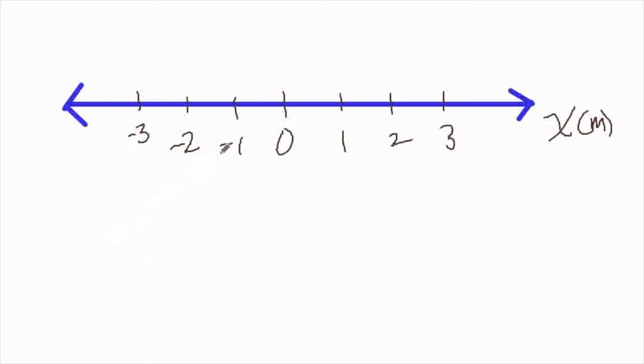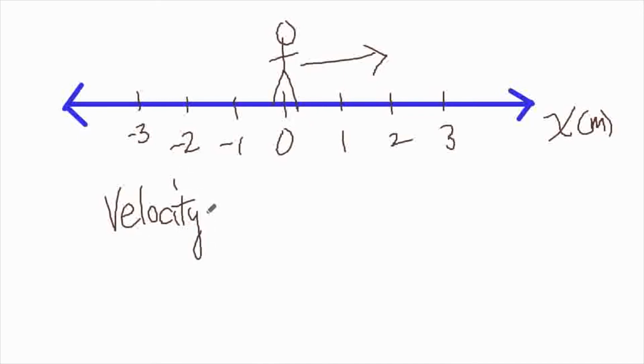So let's first have somebody that starts at the origin, starts at 0, and starts running to the right. Okay, first the velocity. What I mean by velocity is the ratio of the displacement by how long, the change in time, mind you, it takes in order to accomplish that displacement.